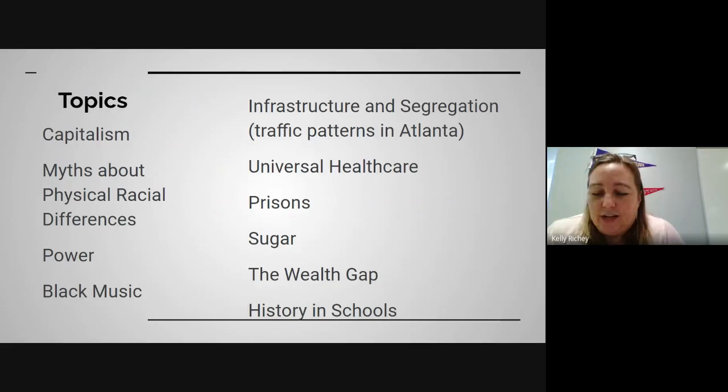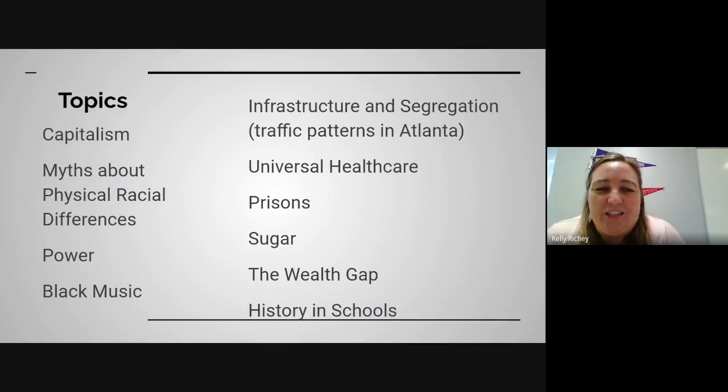Let's talk about the different essays that are possible. There is an essay on capitalism, an essay on myths about the physical racial differences between people, races. There's an essay on power, an essay on Black music, an essay on infrastructure and segregation, basically how they built roads in Atlanta to divide Black neighborhoods.